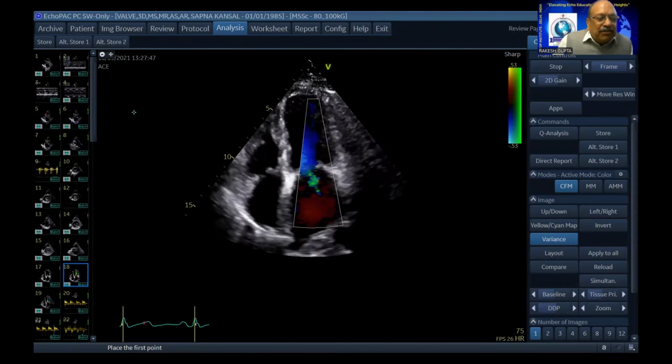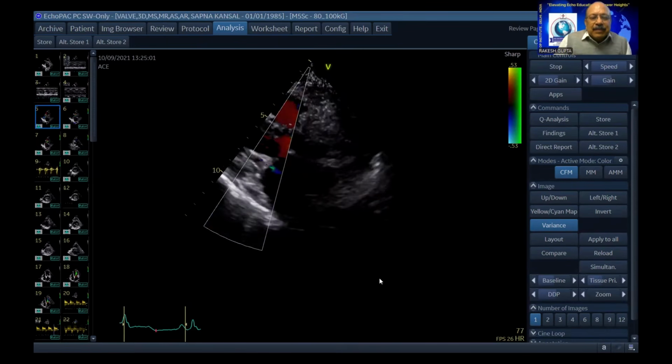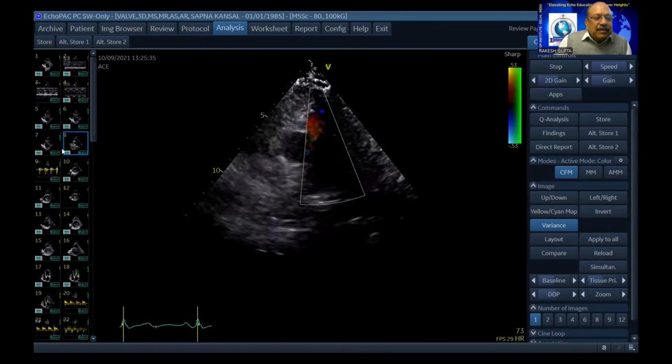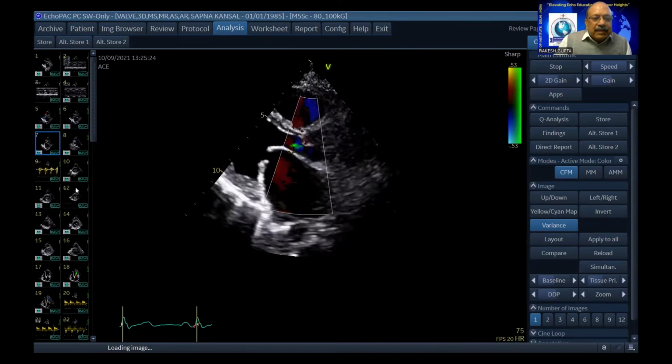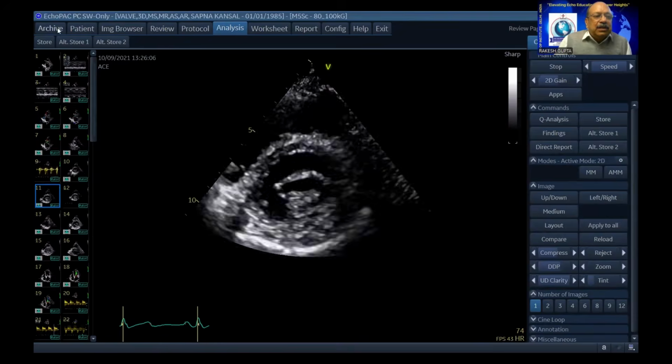Let me show you. Fortunately, I should have the vena contracta right now in front of you. This is an acquired system. Let me switch over to another one.